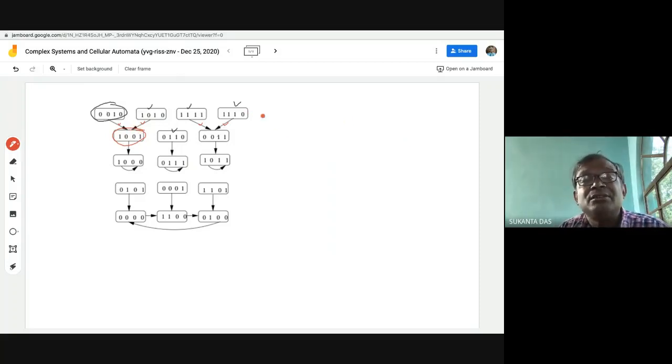But here, if it is a finite CA and you find some non-reachable configuration, what does it mean?